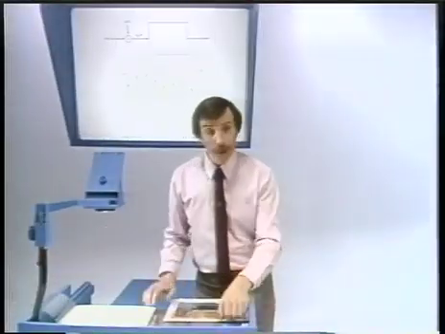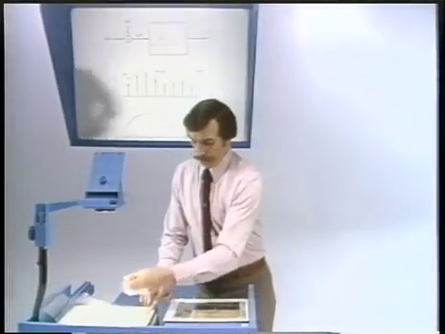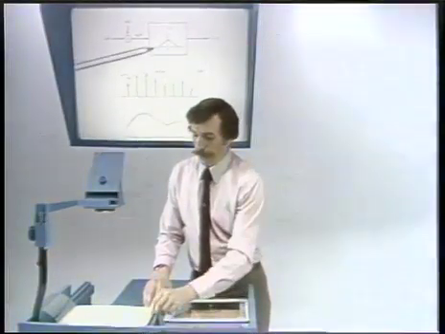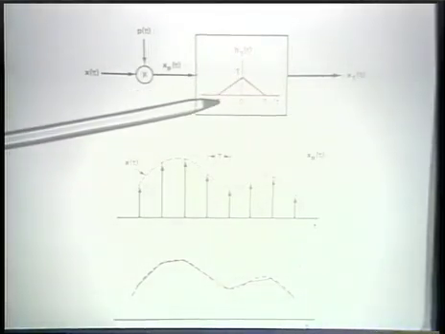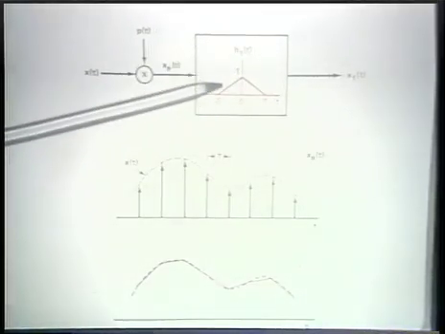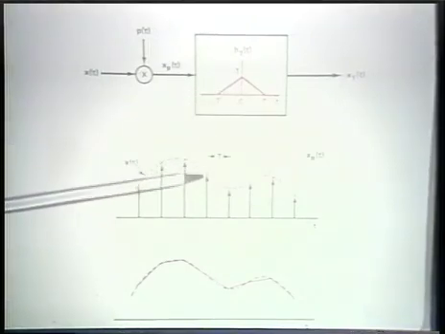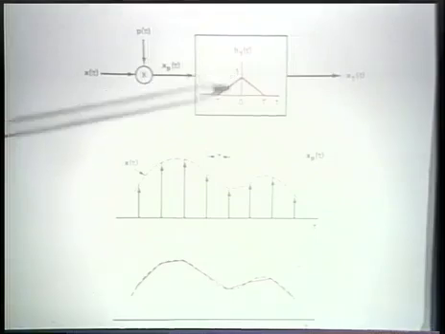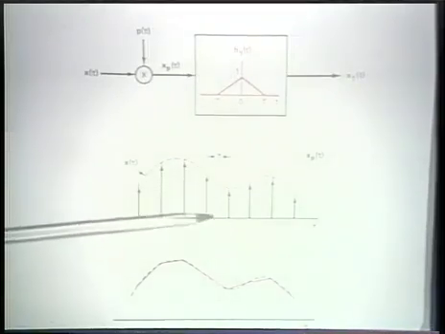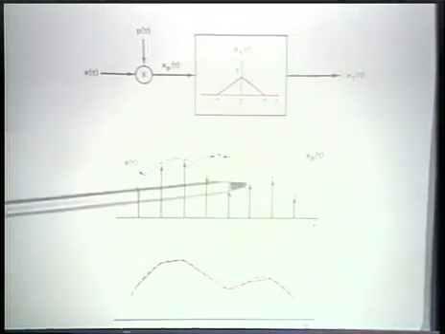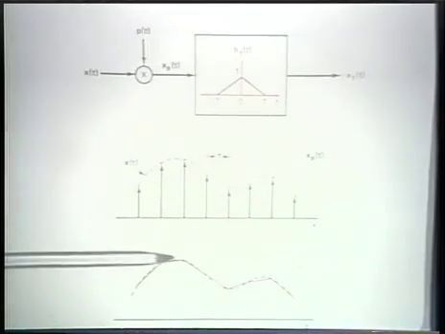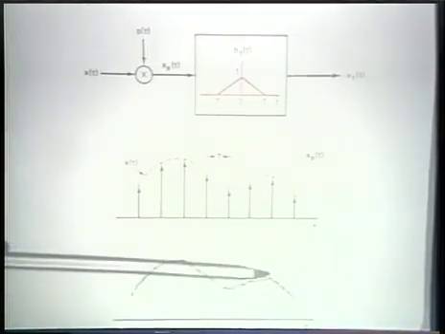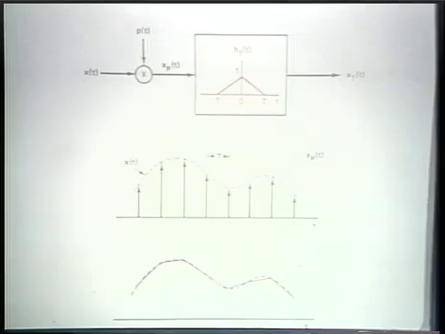Alternatively, if we chose an impulse response which was a triangular impulse response, then each of these impulses activates this triangle, and when we add up those triangles at successive locations, what we generate is this linear interpolation.